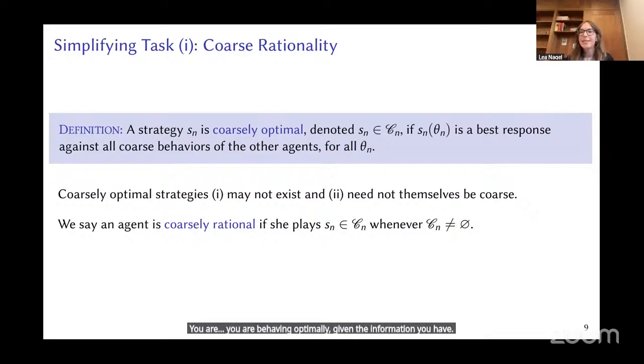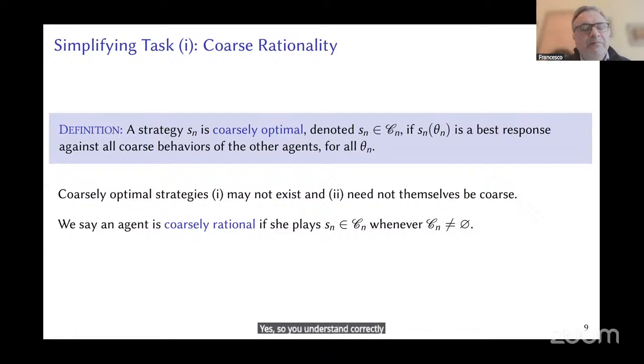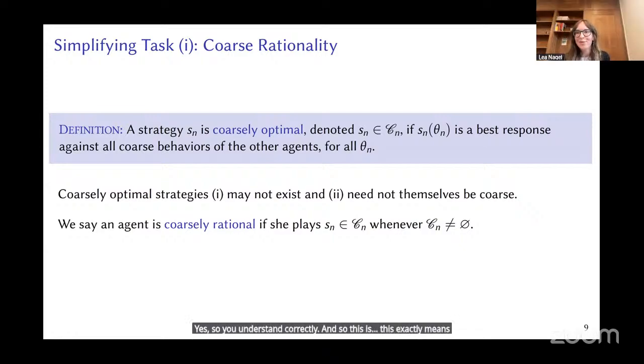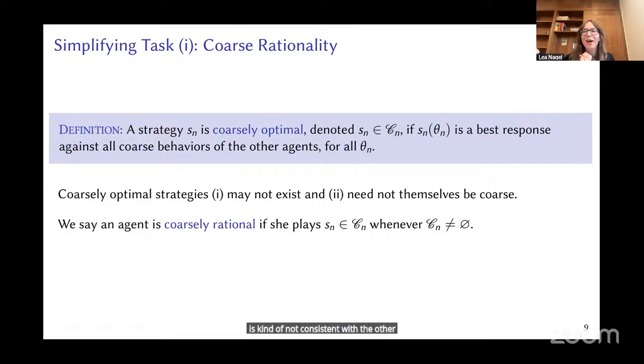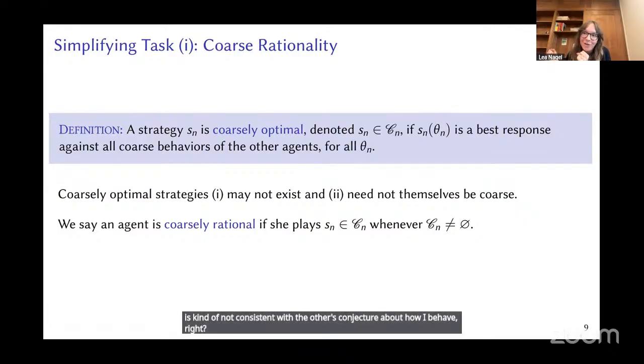Do I understand correctly? Yes, yes. Okay, so you understand correctly. And so this exactly means that potentially the behavior that I would choose if I behave coarsely optimally is not consistent with the others' conjecture about how I behave, right? Because it might actually not be a coarse behavior. I might want to use the information that I have available. And that's exactly what we're going to get back to in just a second. Yeah.